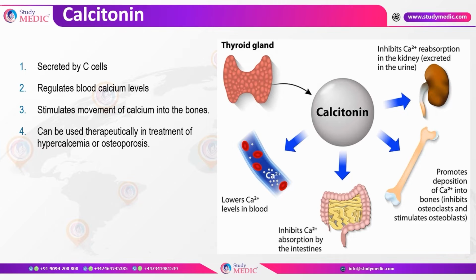And again, it has to decrease calcium levels in the blood. So what does it do? It will inhibit reabsorption of calcium in the kidney, so more calcium is excreted in the urine and less is reabsorbed. That is why more calcium gets excreted in the urine.